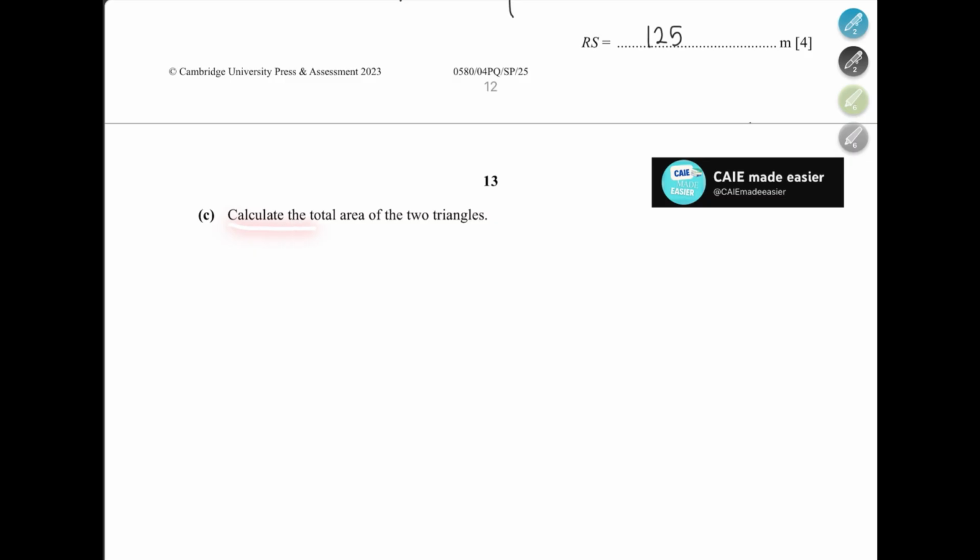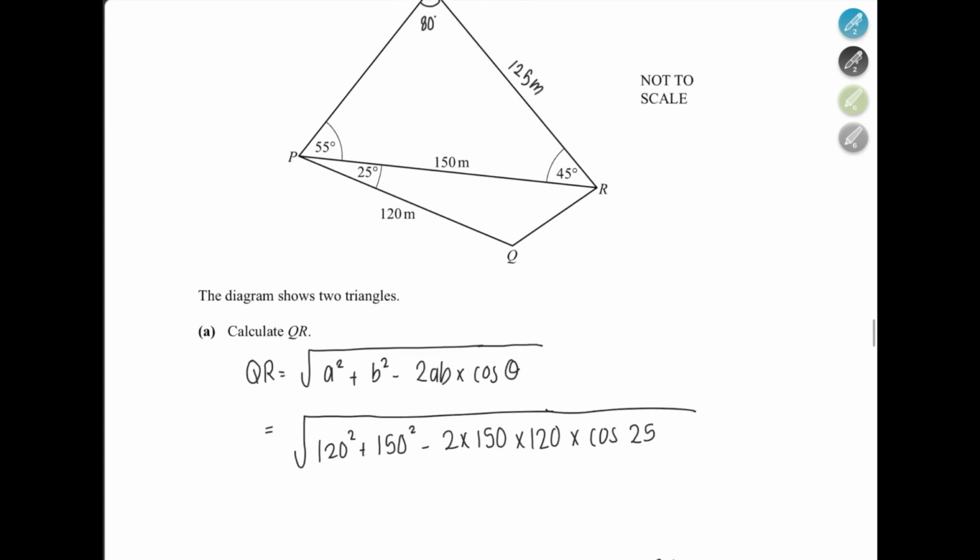Next question, calculate the total area of the two triangles. So just as a revision, how do we find the area? This is A, this is B, and this is C. Area is going to be half ab sine C. Okay, let's find out the total area using this formula. So first we have this triangle.